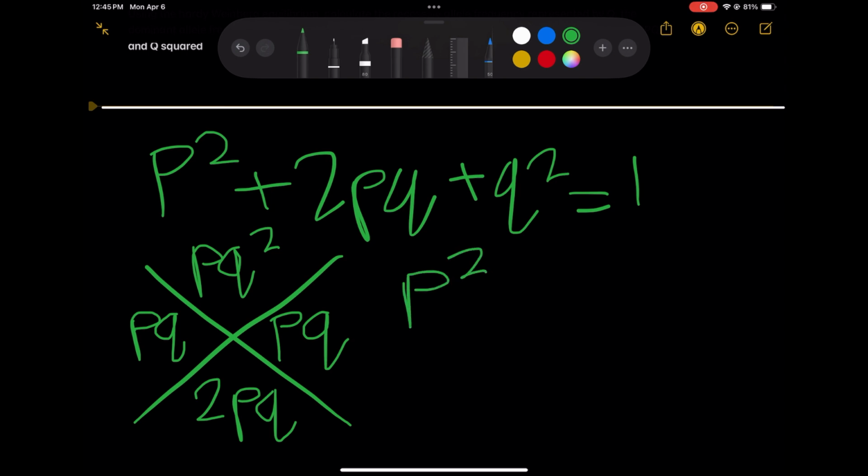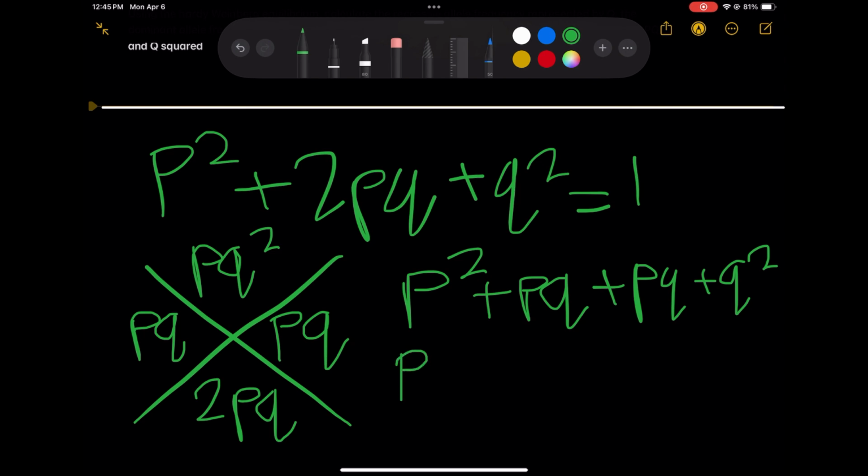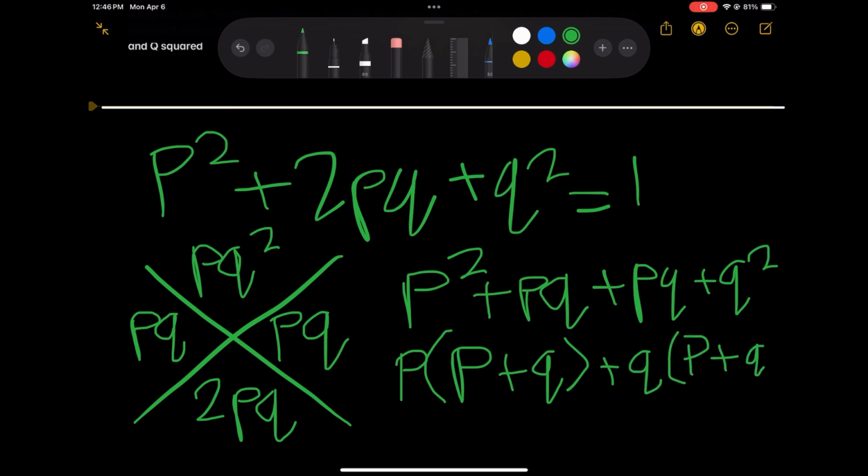Once you get the factors, you can rewrite it as p squared plus pq plus pq plus q squared, which is all equal to 1. You can factor out a p here, so you get p times (p plus q) plus q times (p plus q).